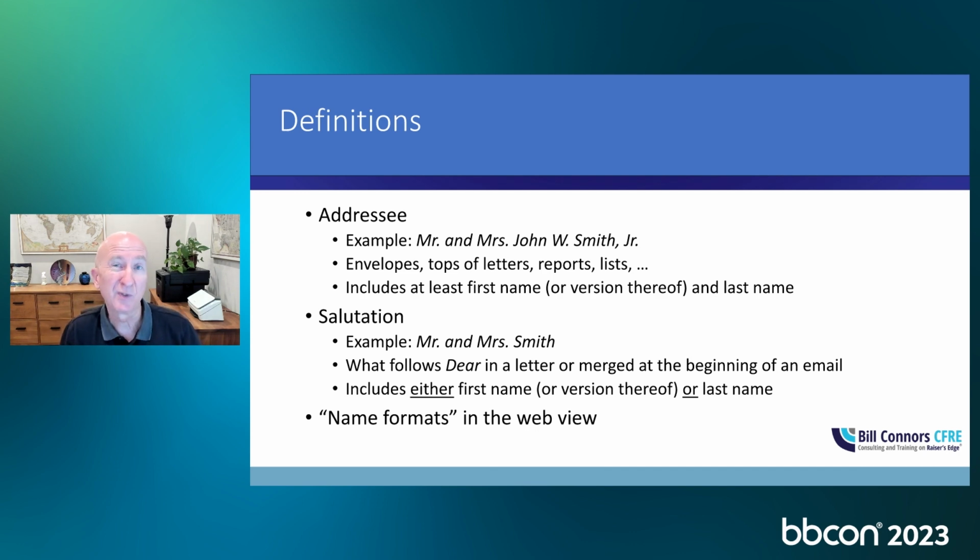Salutation, of course, is what follows the word dear in a letter. And historically, traditionally, that has been formal along the lines of Mr. and Mrs. Smith. For those of you using the web view, which I'm assuming is most of you, addressees and salutations are part of a function called name formats. So that's some of the terminology to get us all on the same page.